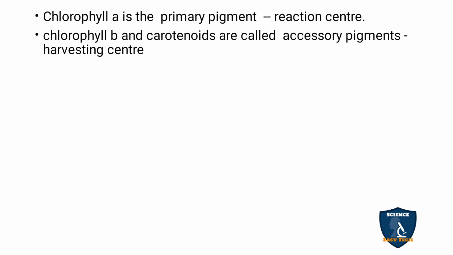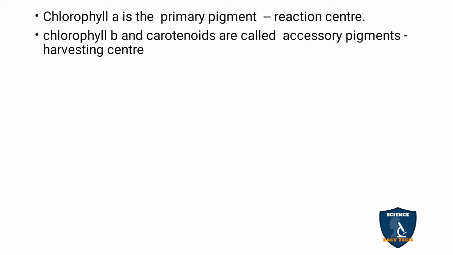The primary pigment is chlorophyll A. Chlorophyll A is universally present from lower forms to higher forms, from algae to higher plants, and only there is the reaction center present. There the photosynthesis is going to start. So it is called the primary pigment.